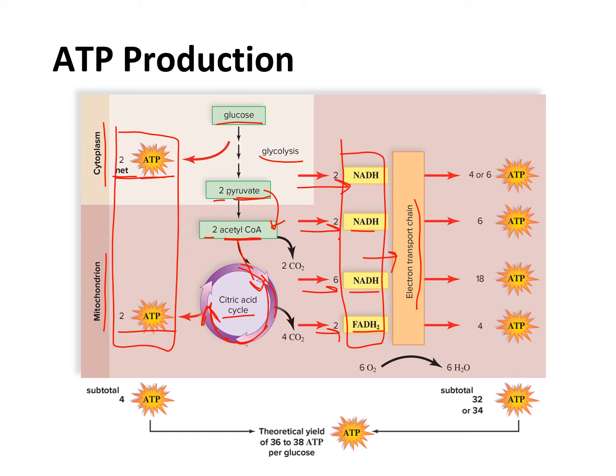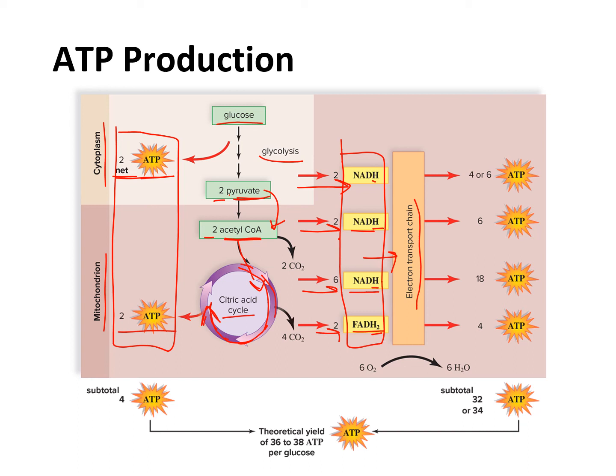So they are transporting their electrons, transporting their hydrogens, transporting the energy to the electron transport chain. When those electrons are dropped off, then they will be transported through those redox proteins embedded in the membrane. Redox proteins are going to activate proton pumps, which perform active transport to build up a high concentration of hydrogen ions on one side of the membrane.